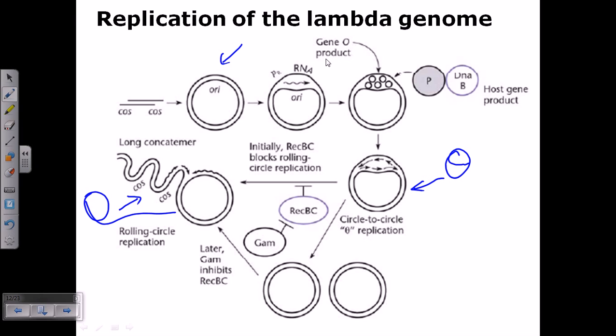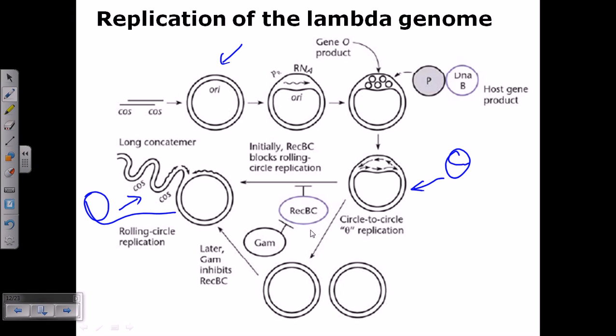So the gene O product will come and bind to a certain region of the DNA and start to make a theta-like structure inside the DNA. As it makes the theta-like structure via the process called theta mode of replication, theta replication is done. After the theta replication, it can make a copy of its own circular DNA. This is the general way of replication of the lambda phage.